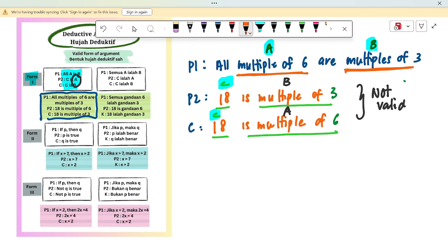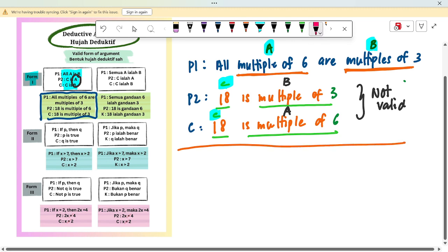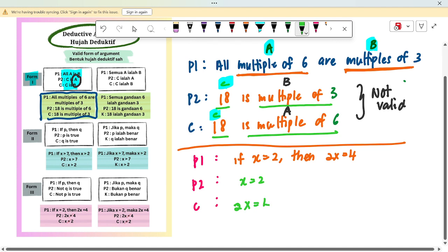Your second form, P1, P2, and conclusion. So for second form, it states that if P, then Q. So let me give you an example. If X equals to 2, then 2X equals to 4. So here I'm going to put X is equivalent to 2, 2X equals to 4.